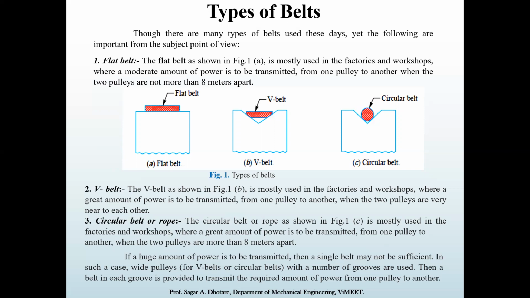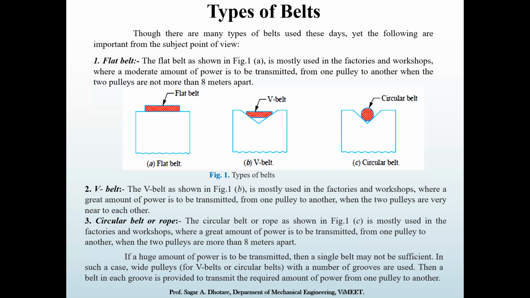The first one is a flat belt, which you can see in figure 1A. It is mostly used in factories and workshops where a moderate amount of power is to be transmitted from one pulley to another when the two pulleys are about 8 meters apart from each other. Then and only then can we use a flat belt.